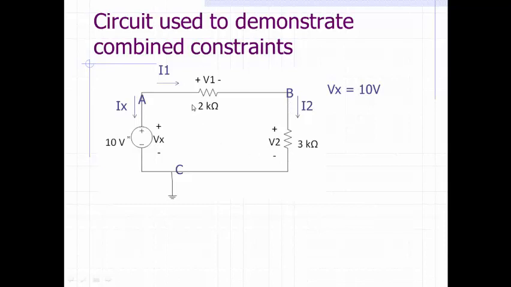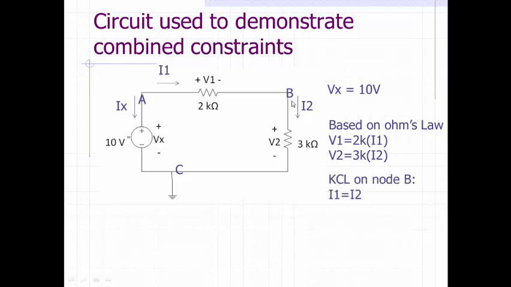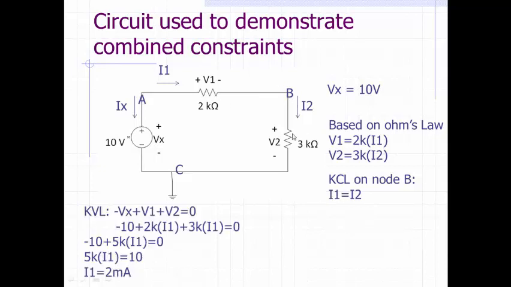Then based on Ohm's law, V1 should be equal to 2K times I1, and V2 should be 3K times I2. And if you think about KCL on node B, current in equals current out, so I1 equals I2.